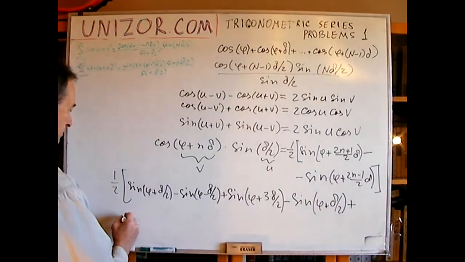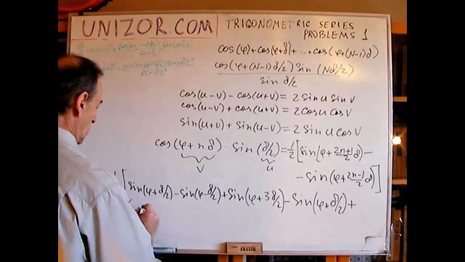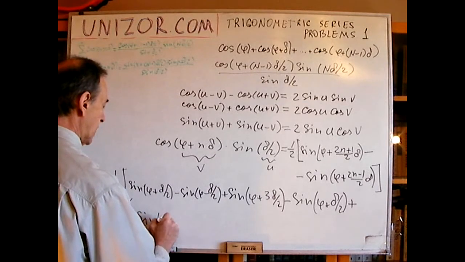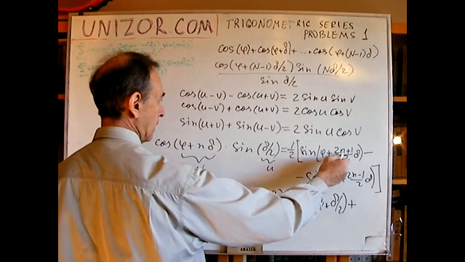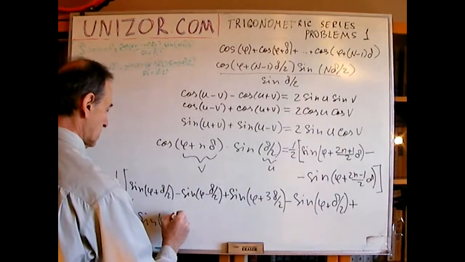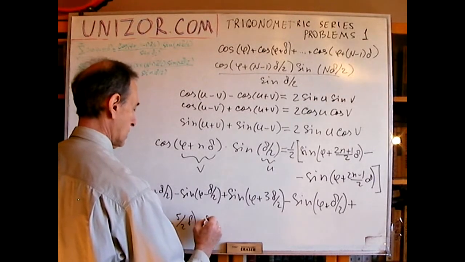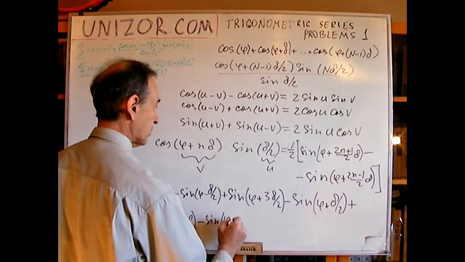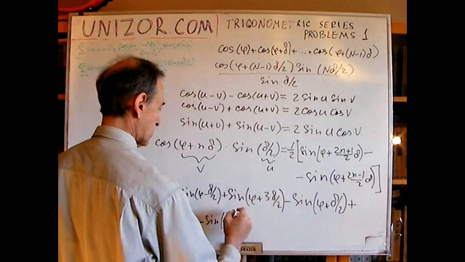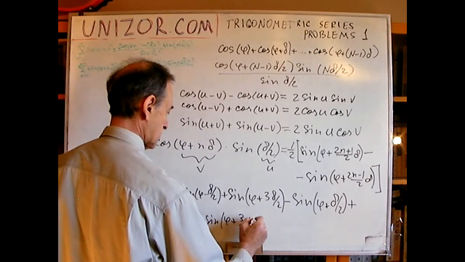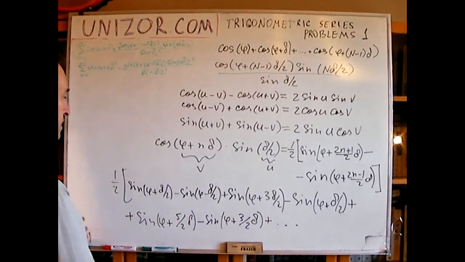Now, for n equal to 2, sine of phi plus 5 over 2 delta, minus sine of phi plus 3 over 2 delta, plus, etc. Now, do you see what happens here?